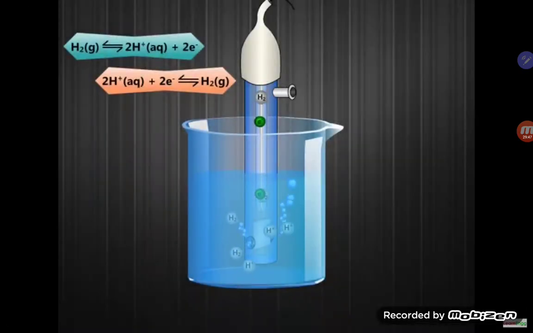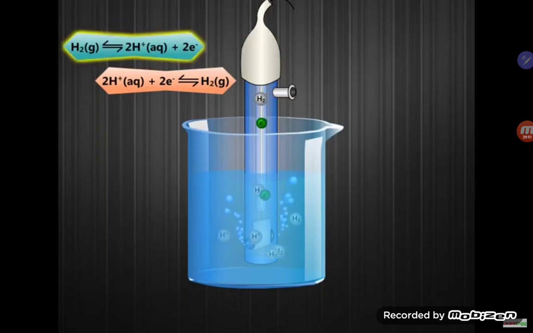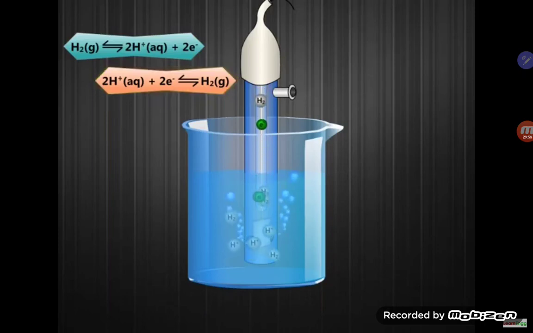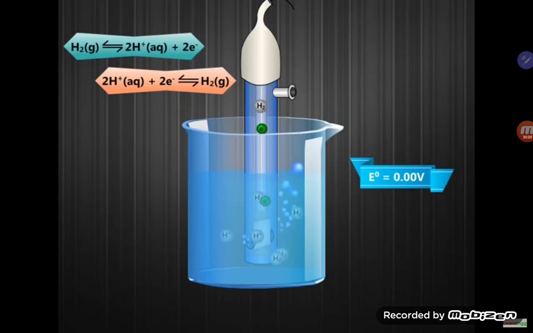Hence, two reactions are possible at the electrode. Oxidation: H2 gives 2H plus and 2e minus. Reduction: 2H plus and 2e minus gives H2. This reaction is assigned a standard electrode potential E of 0.00 volt and serves as reference. As you remember, two half cells complete a voltaic cell. Let's take a close look.